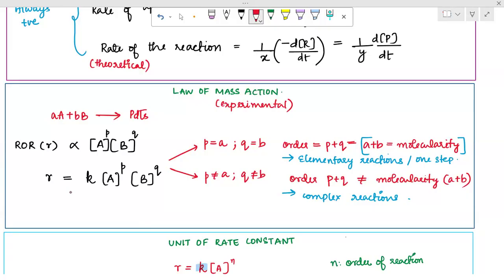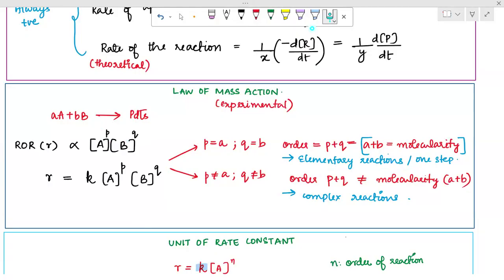We said that the rate of the reaction is proportional to the active masses raised to some powers. If the powers are equal to the stoichiometric coefficients of the respective reactants, then those reactions are called simple reactions or elementary reactions, where the order, which is the sum of the powers, is equal to the molecularity.